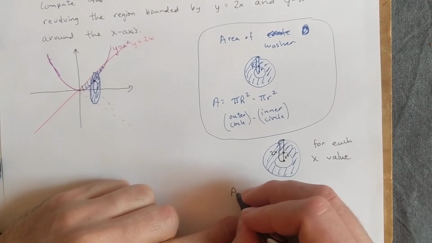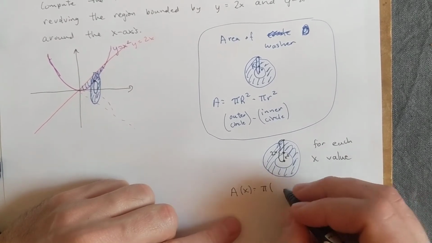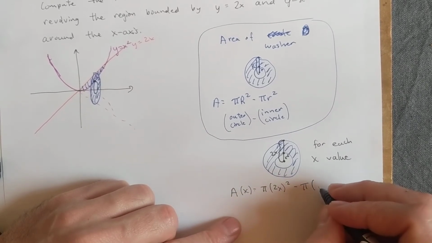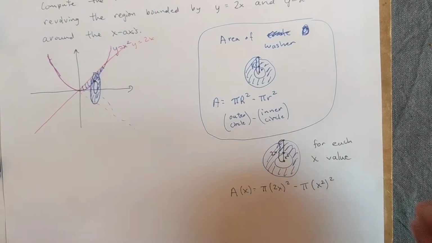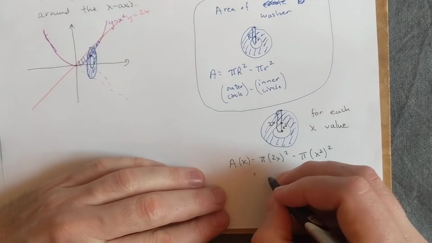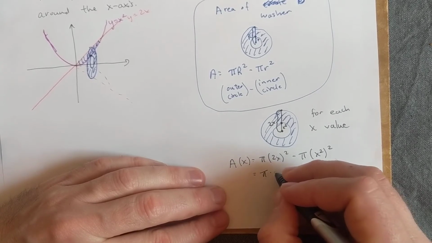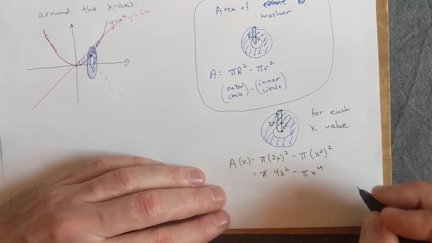And so the area function for us in this example is going to be pi times the outer circle, 2x squared, and then we have to subtract off the inner circle, pi x squared squared. Maybe we'll clean this up a little bit. So this is going to be pi times 4x squared minus pi x to the fourth.